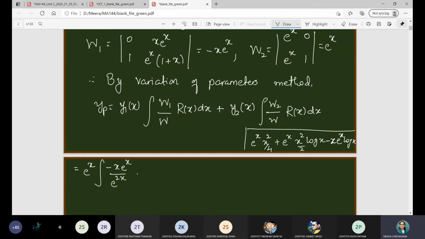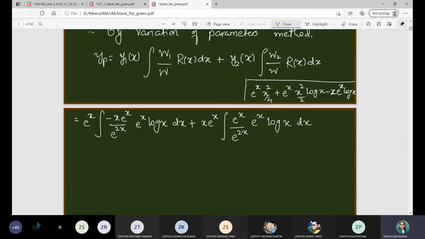R of x is nothing but e raised to x log x dx, plus y2, which we have taken as x e raised to x, integration of W2. W2 is e raised to x, the Wronskian we have as e raised to 2x, and the right-hand side function is e raised to x log x dx, right?